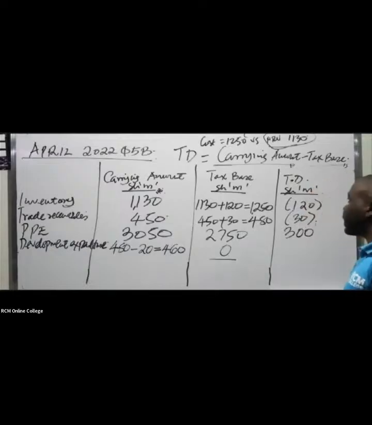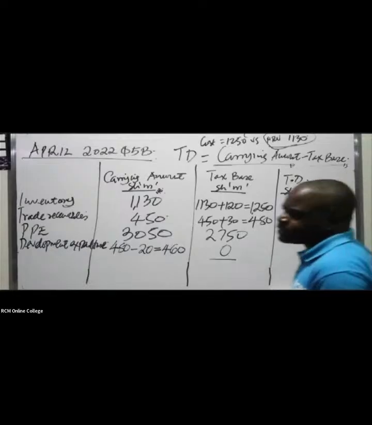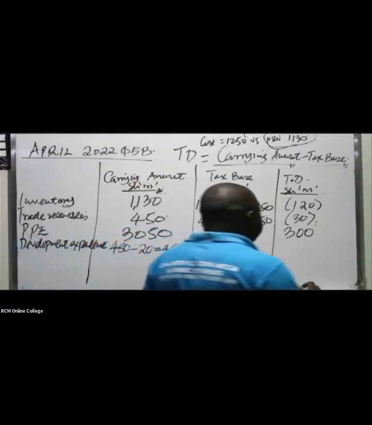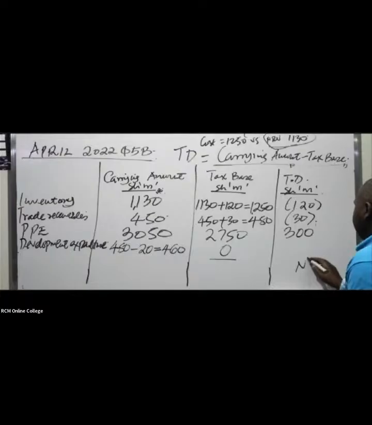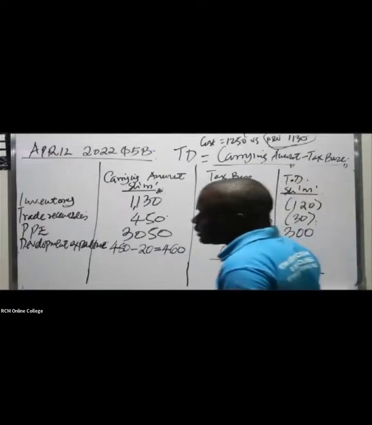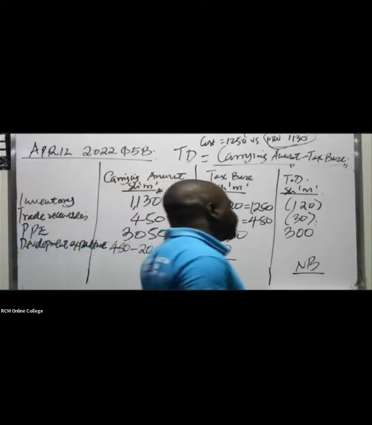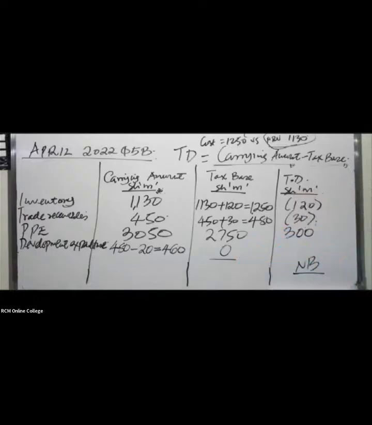So of course you can write it as an NB. Write an NB under this table, because you've yet to complete it.